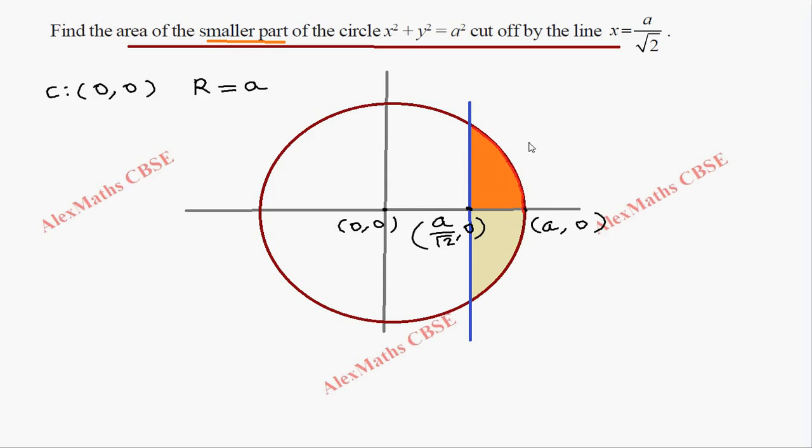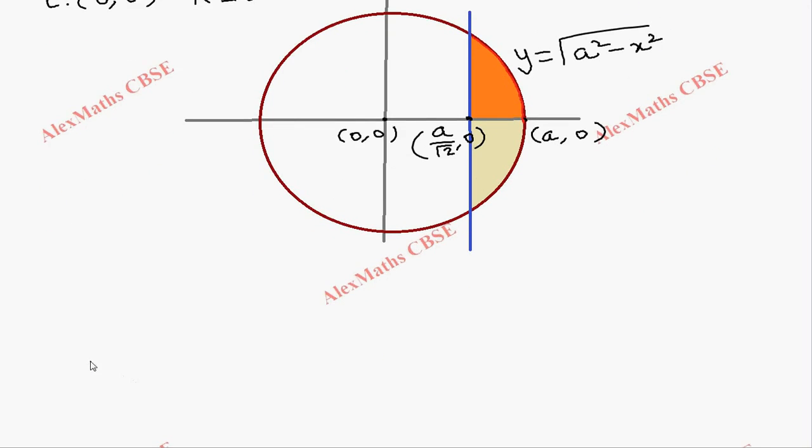The value of y from here is y = √(a² − x²). Above the x-axis and below the x-axis is symmetrical, so we take twice to find the complete area, and the limit is starting from a/√2 till a. So we take a/√2 till a, y dx.